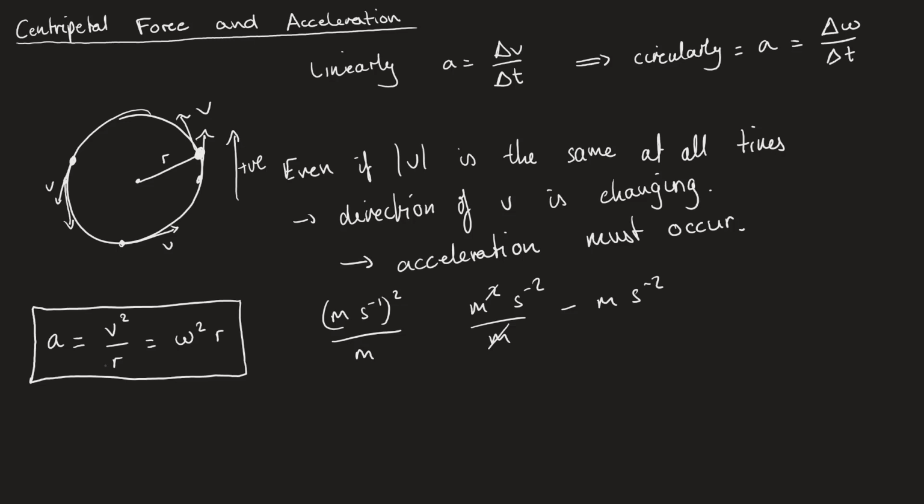So this is a valid equation, and omega squared r works since omega is just v over r, so omega squared is therefore v squared over r squared, so I need to multiply this by r, cancelling out one of those, and I end up with the same expression. Therefore, I must have a centripetal acceleration.